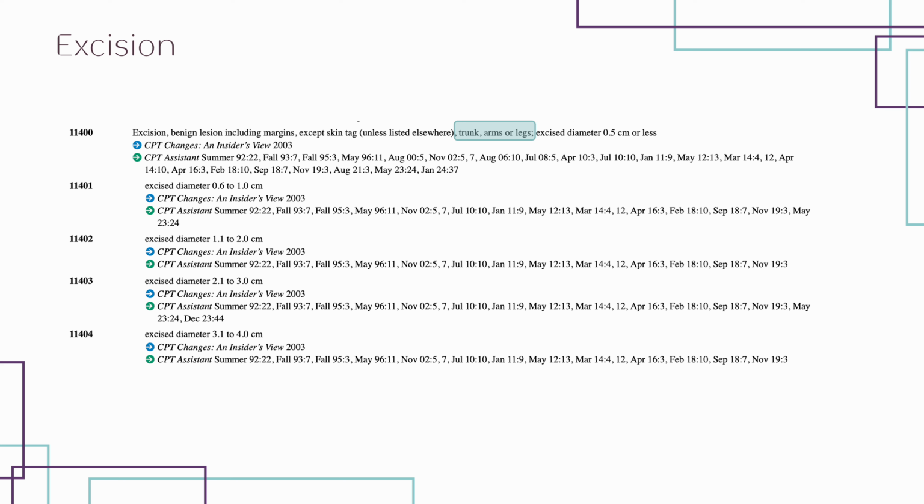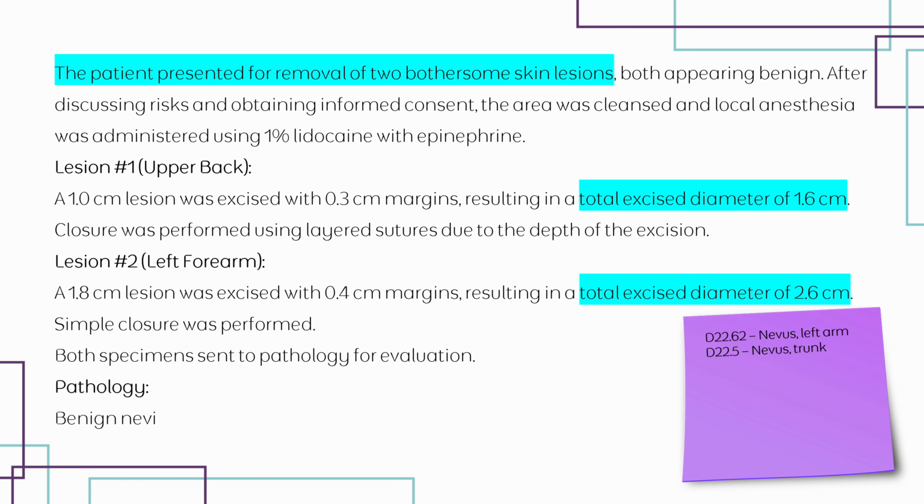Now that we know that we can report each of the excisions separately, we next need to determine the size of the lesions, including the margins. We see in the documentation that the lesion on the upper back has a total diameter of 1.6 centimeters, and the lesion on the left forearm has a total excised diameter of 2.6 centimeters.